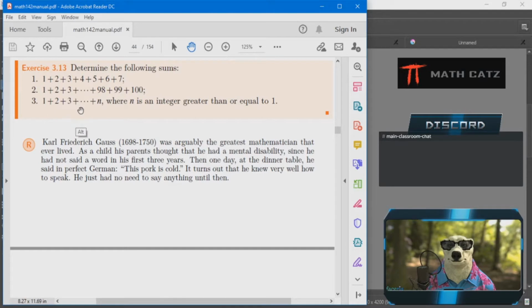number 3, where we have 1, 2, 3, and so on. So an obvious sequence to start with, but we don't specify the end number. It might be 100, it might be 7. We leave it open to be represented by n, and it could be anything.